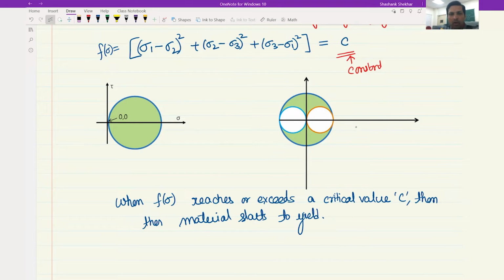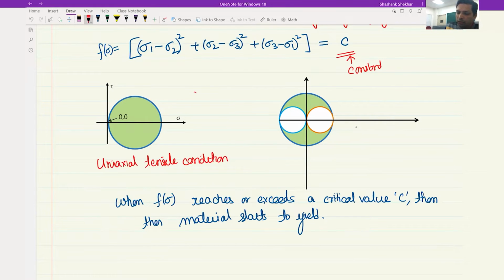Now, when we are talking about a uniaxial tensile condition, we know that it can be represented by a Mohr circle like this. So this is a uniaxial tensile condition. And what happens in a uniaxial tensile condition?